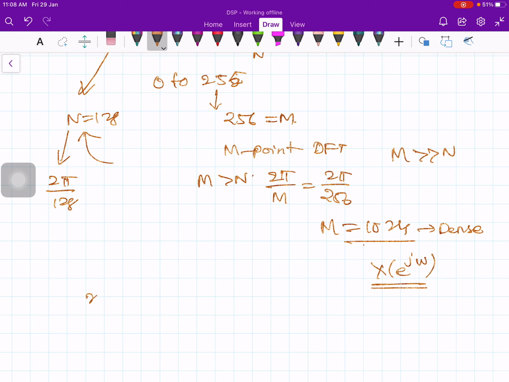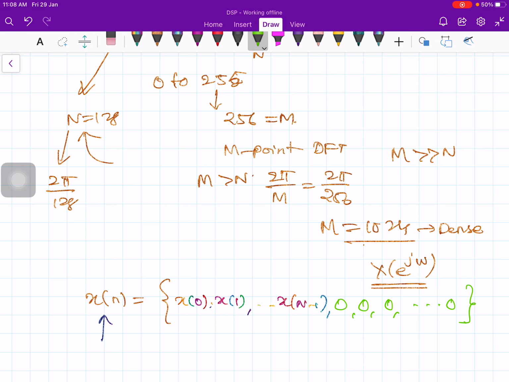So you take x of n, and in this x of n you have x of 0, x of 1, dot dot dot, x of N minus 1, then pad zeros. Pad the necessary number of zeros to x of n. After this you pad zeros, 0, 0, 0, up to dot dot.